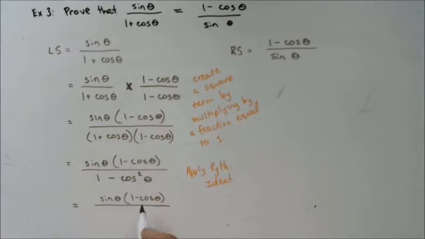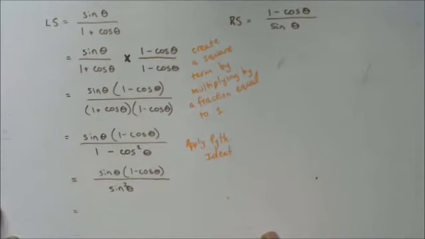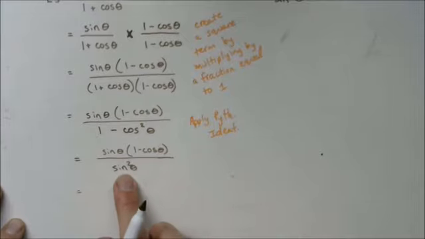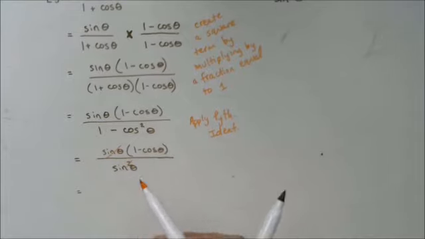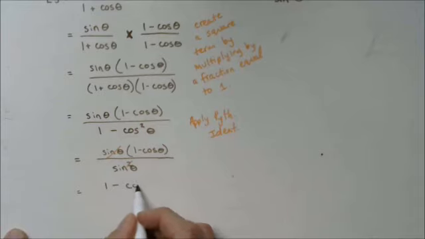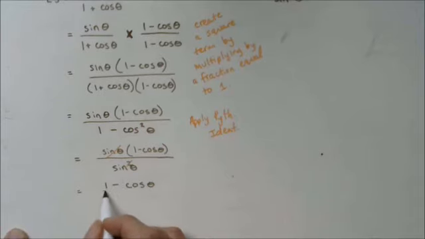Our denominator simply reduces to the sine of theta squared. Reducing further, one of the factors of sine theta from the denominator is going to cancel out the sine theta in the numerator. It's going to leave us with 1 minus cosine of theta over the sine of theta.